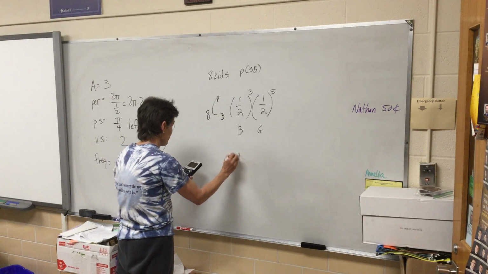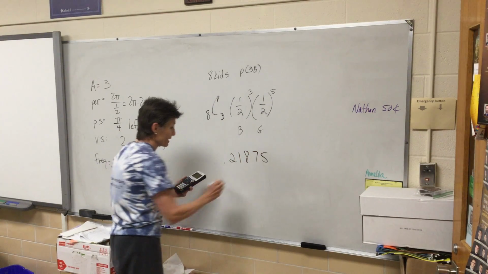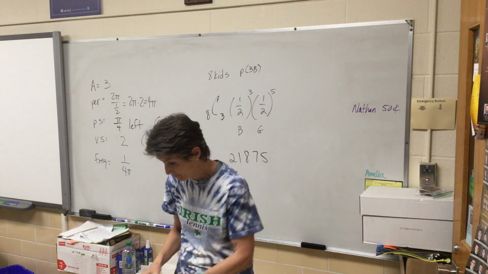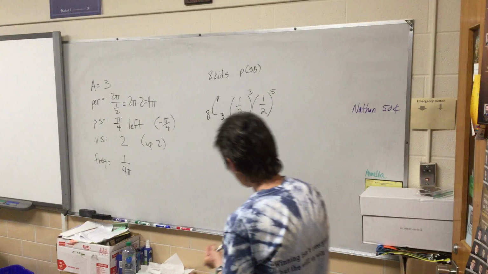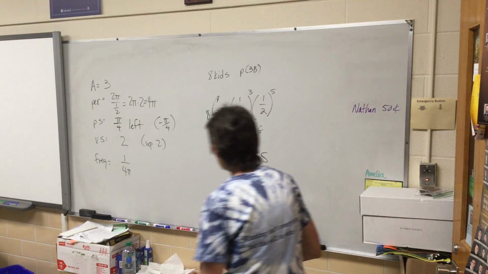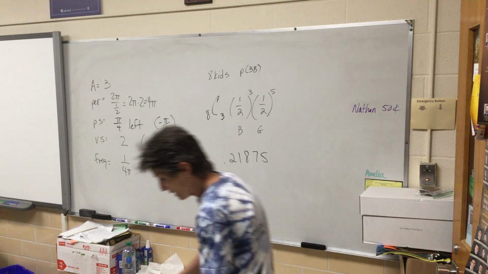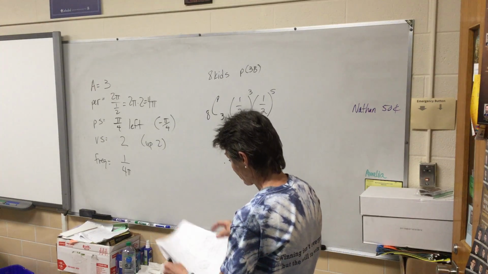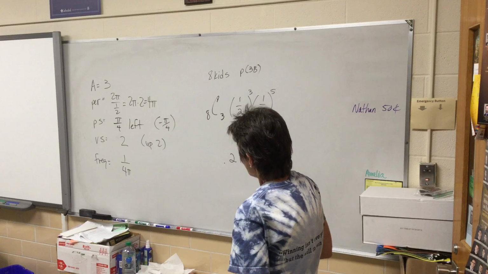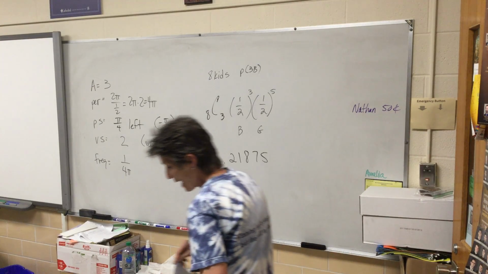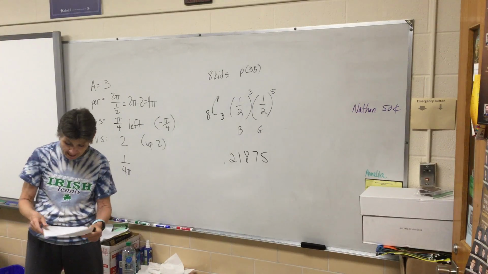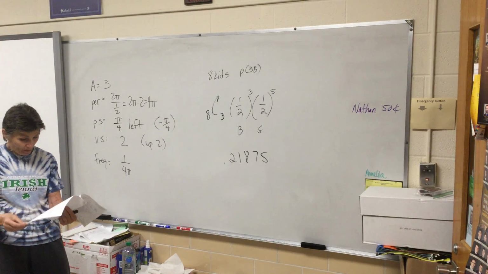And I got 0.21875, or about a 21.9% chance of having 3 boys if you have 8 children. Everything else on this worksheet is videoed and the answers are posted.